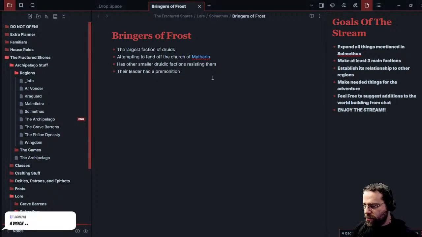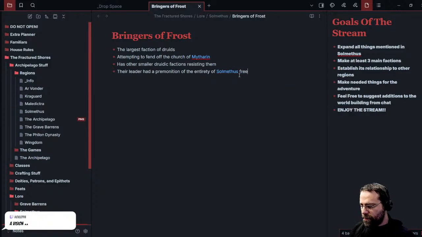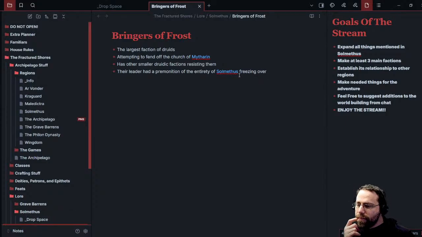Had a premonition of the entirety of Solmethus freezing over. A vision. Yeah. A vision is something that's very specific. A premonition would be a little bit more broad in its terminology, if my memory serves.